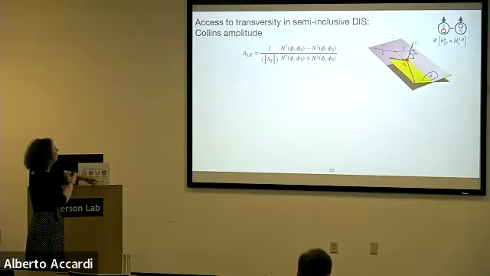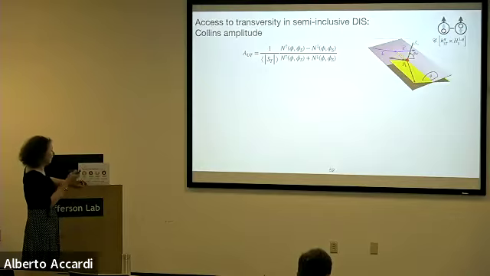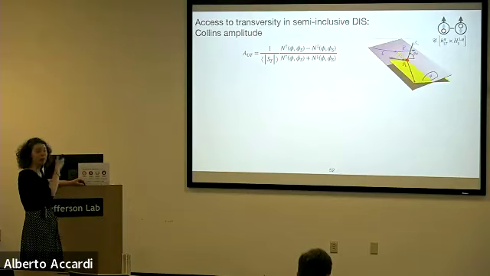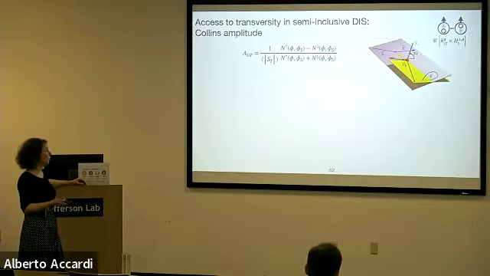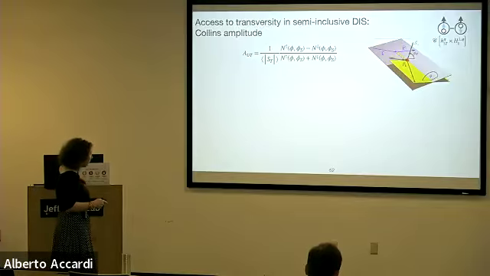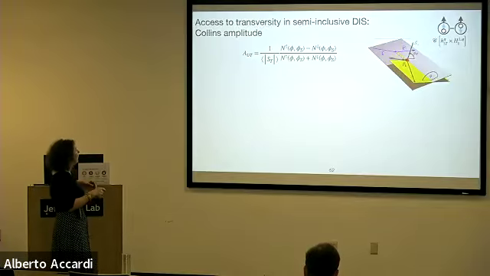So one of the measurements that we can make is to access this transversity distribution. So you look at the distribution of transversely polarized quarks in a transversely polarized nucleon. You don't need transverse momentum, but you can include it. So you again construct your asymmetry, the number of hadrons produced in this configuration minus this one.